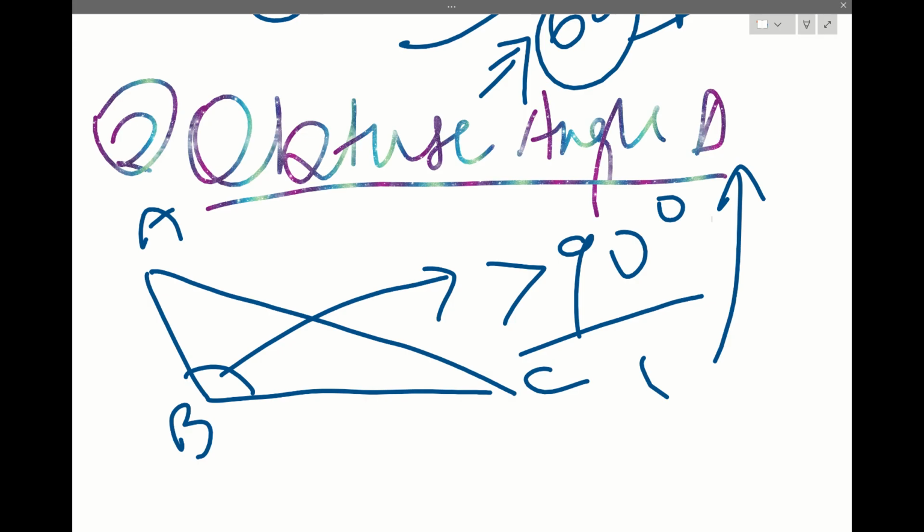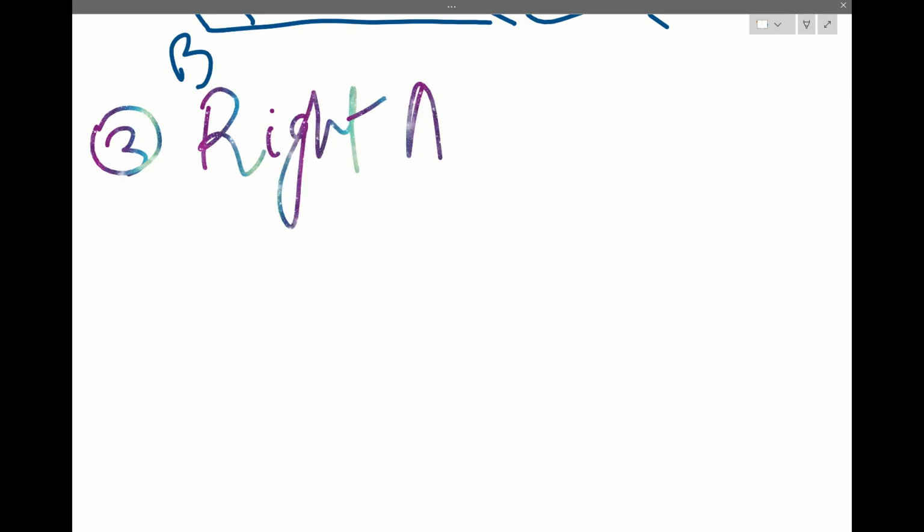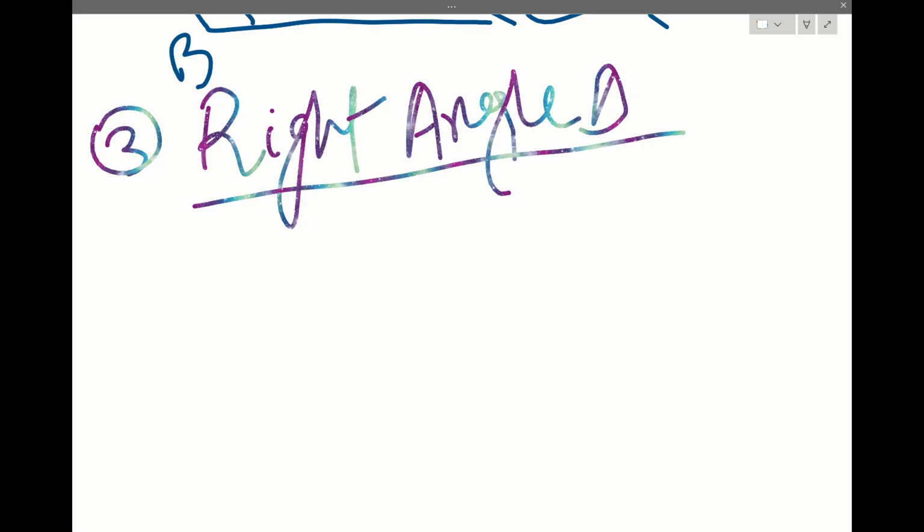Now, the third classification is the right angle triangle.